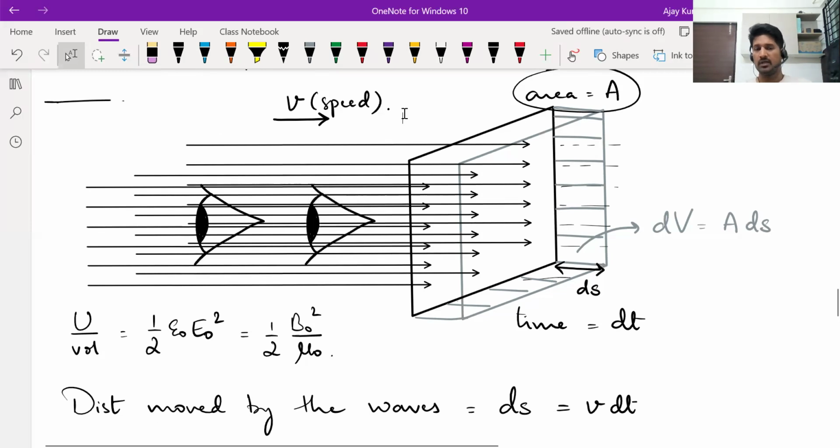Okay. So what happens to the brightness, what happens to the energy falling per unit area, depends on how the waves are propagating. That is why it is important to visualize the pattern of waves produced by a particular source.